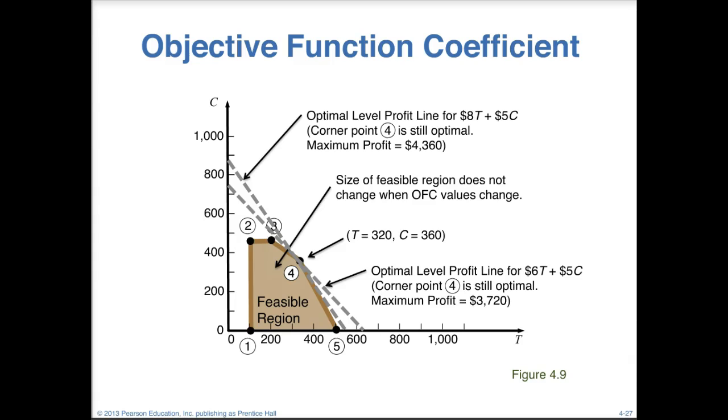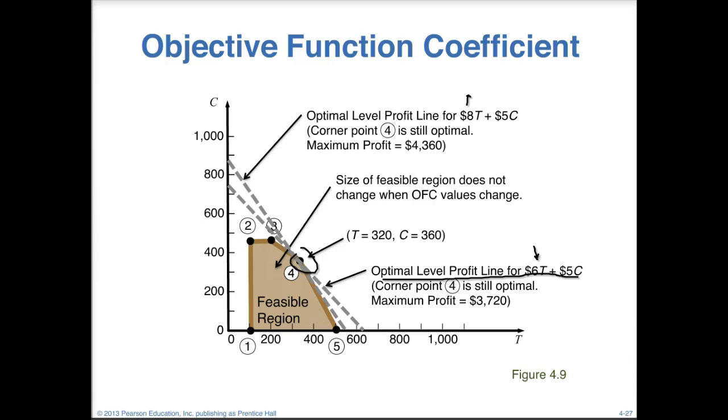All right, so here we do the objective function correction. It looks like what we have here is the optimum level profit line when we went down $1, the optimum level profit line when we went up $1, and of course, this is our optimal solution from before.